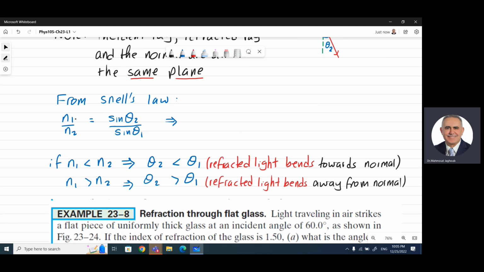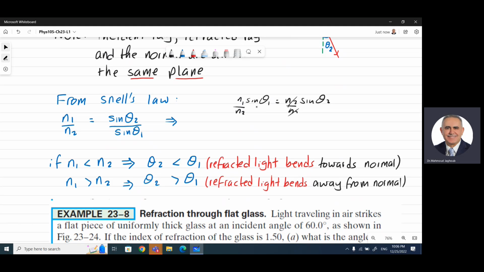Now, from Snell's law, we can say that N1 over N2 equals sine theta 2 over sine theta 1. Why? Because N1 sine theta 1 equals N2 sine theta 2. Divide by N2, so N2 cancels out.